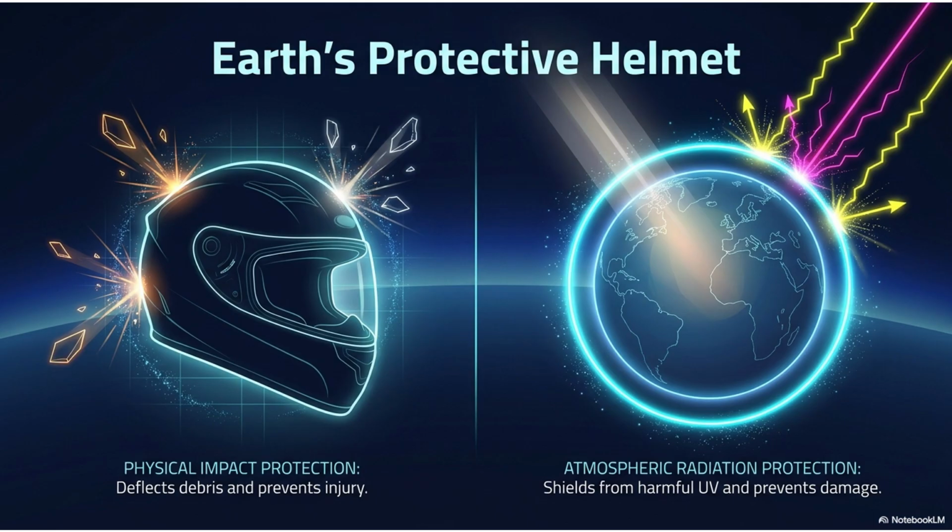Let's start with a very simple example. Imagine that you are riding a bike and you are wearing a helmet. Why do we wear a helmet? Because a helmet protects your head from injury if something hits you. In a similar way, Earth also has a kind of natural protective shield. But this shield is not made of metal or plastic.